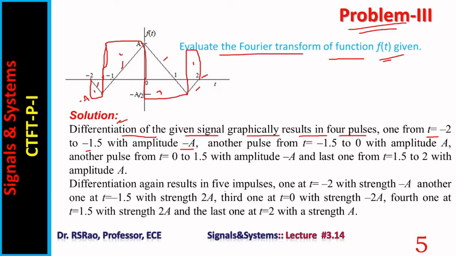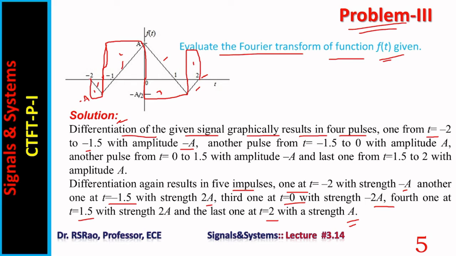Differentiation again results in 5 impulses. One at t equal to -2 with the strength -a, another one at t equal to -1.5 with the strength 2a, third one at t equal to 0 with the strength -2a, fourth one at t equal to 1.5 with the strength 2a, and last one at t equal to 2 with the strength a.